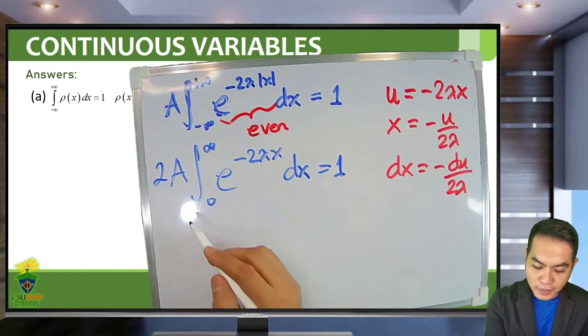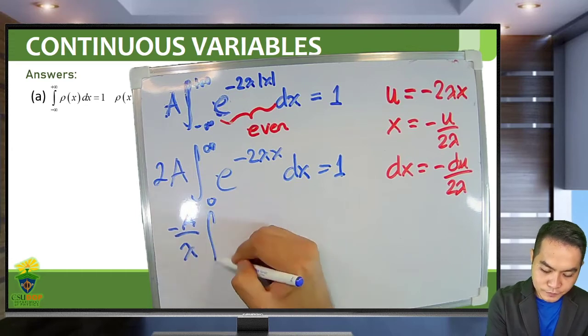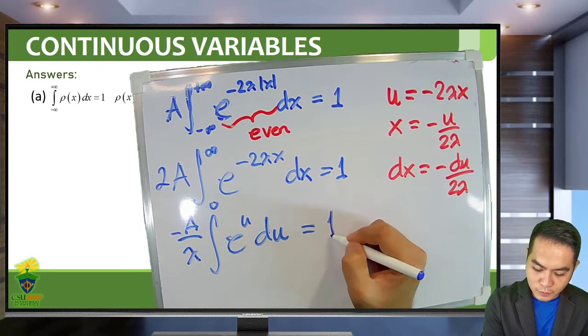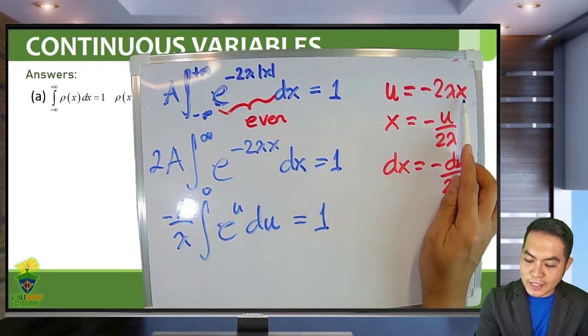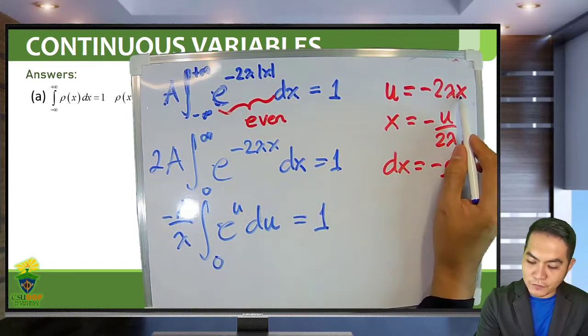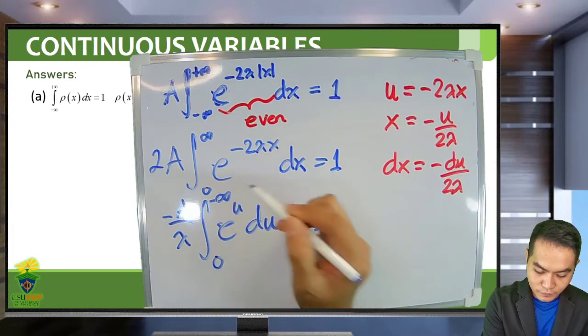There's a 2 here, and that will give you negative a over lambda, integral of e to the u du, equal to 1. Our limits now: if x is equal to 0, u is also equal to 0. If x is equal to positive infinity, u becomes negative infinity.